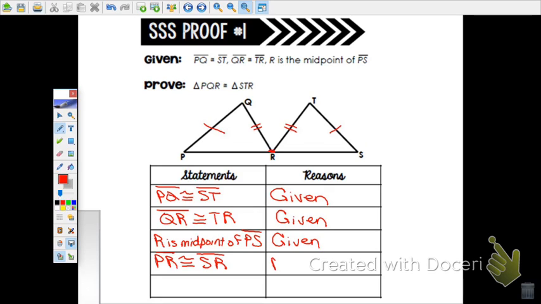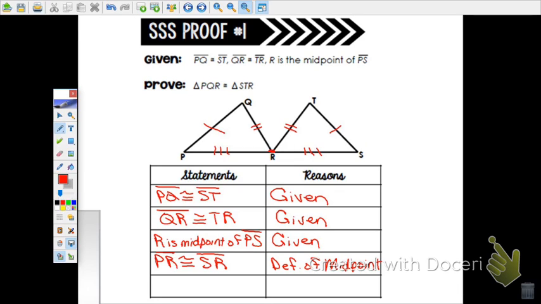Definition of midpoint. So now that I have that congruency statement, I'm going to mark it in my picture. So I have all three pairs of sides marked congruent.